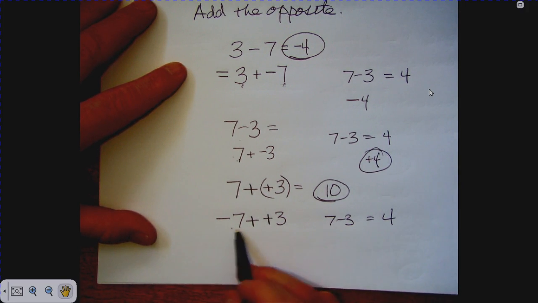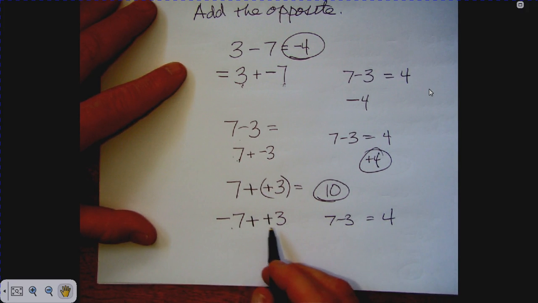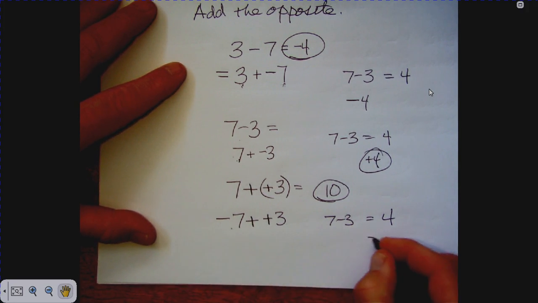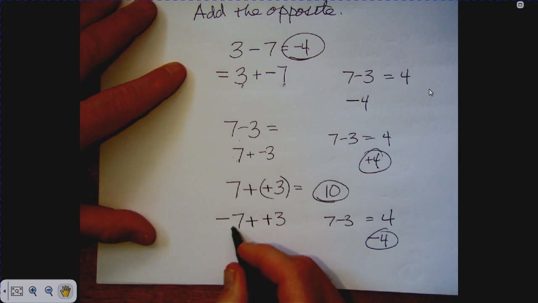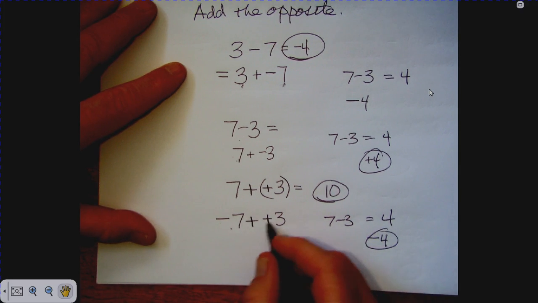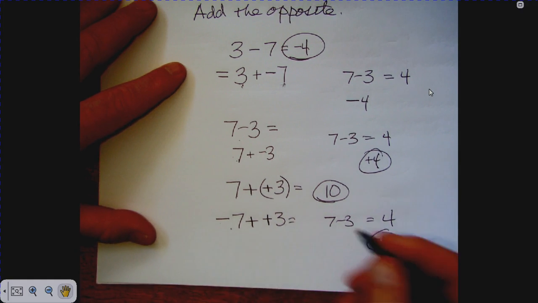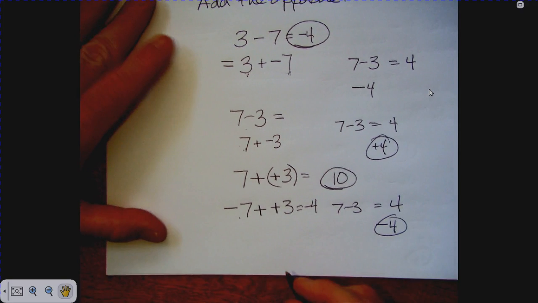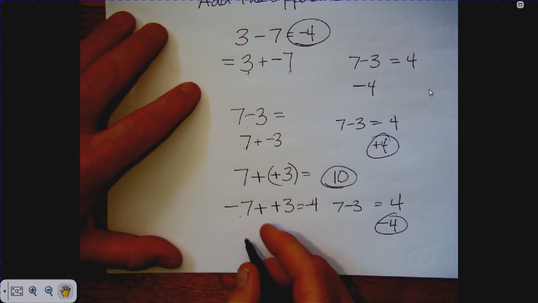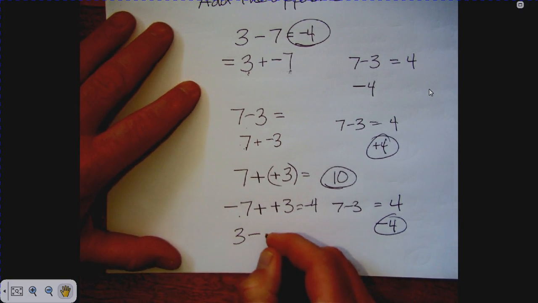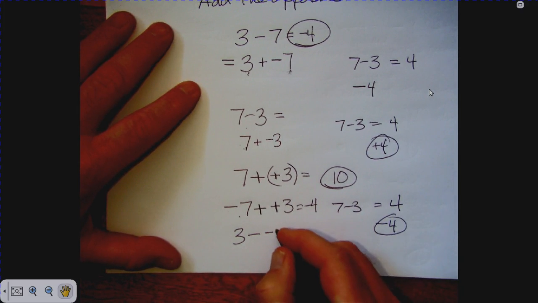So looking back at their absolute values, 7 is bigger than 3. 7 has a negative sign. My answer is negative 4. So negative 7 minus a negative 3, which is the same as plus a positive 3, is equal to negative 4.